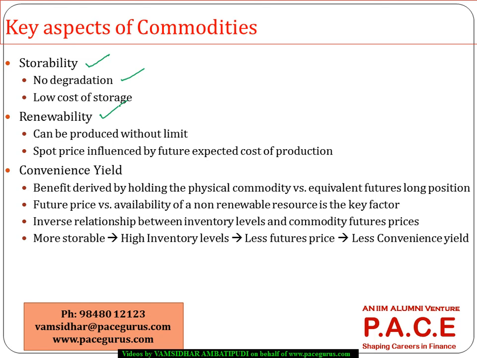And one more dimension that is worth looking for commodities is the convenience yield. Very interesting aspect compared to many traditional securities. This is primarily from the perspective of a comparison between holding the physical commodity versus the equivalent long position in the futures contract.